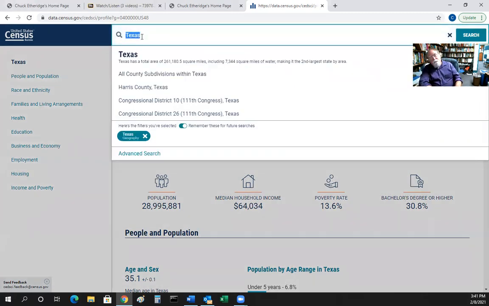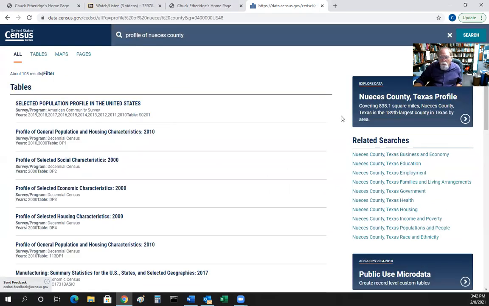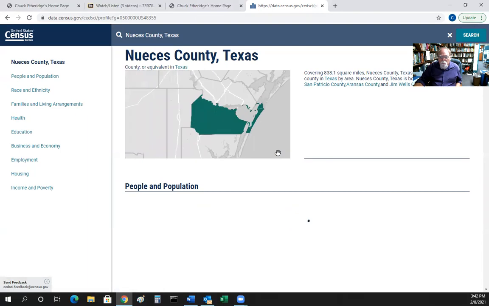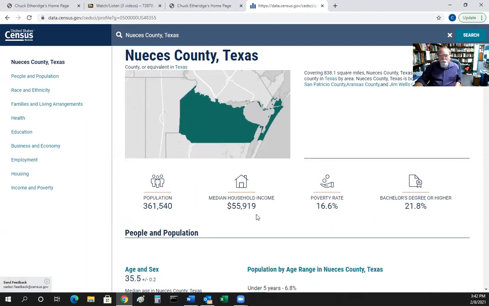Let's look at Nueces County. Profile of Nueces County. Okay. So median household income, 55,000, much lower than the national median. Poverty rate, 16.6%, much higher than the national rate or the Texas rate.